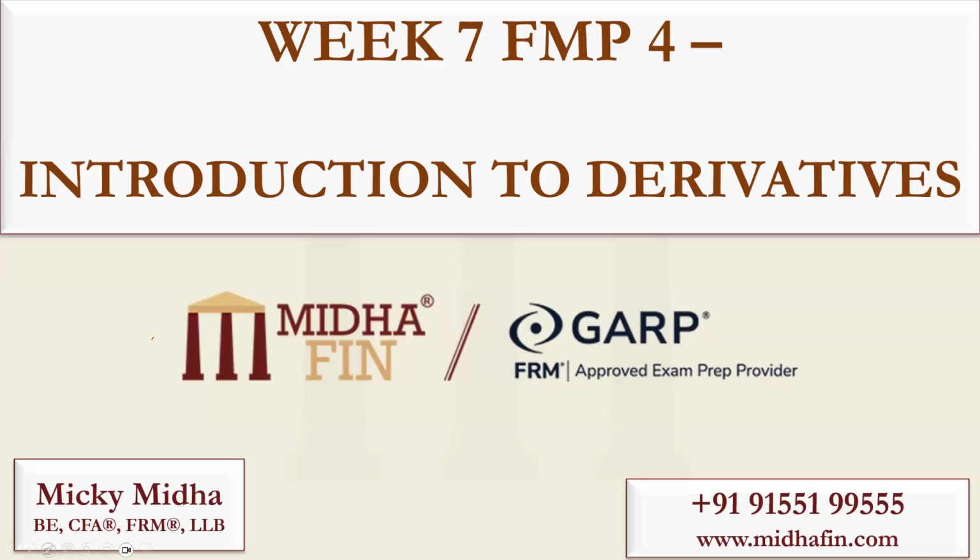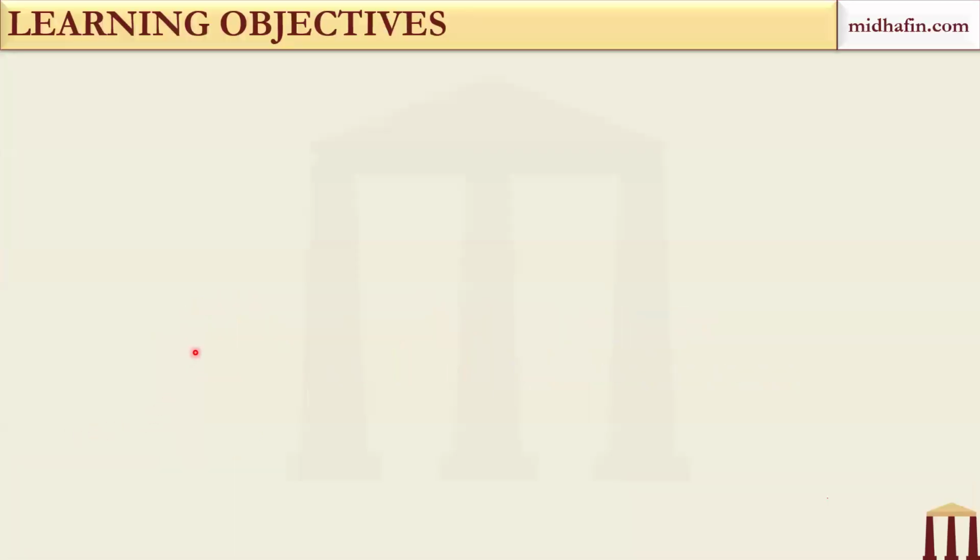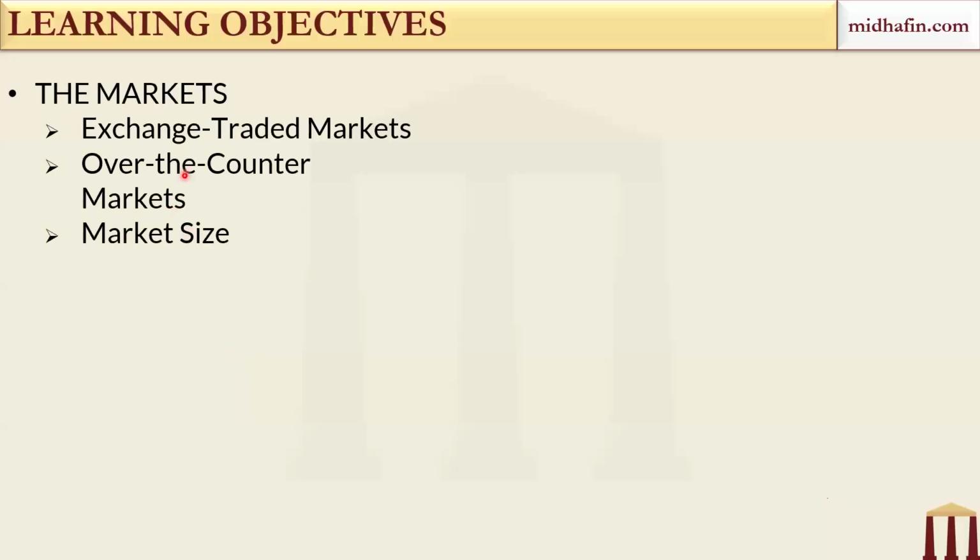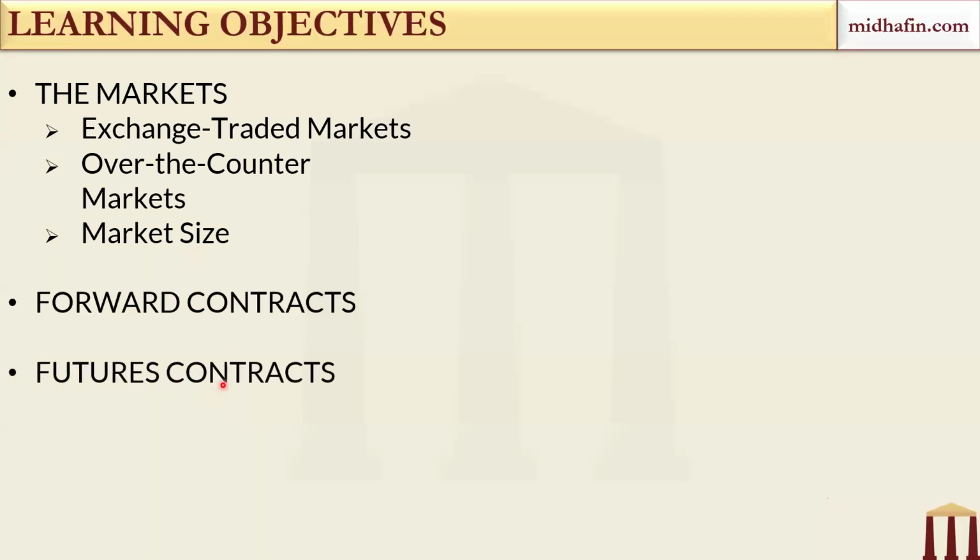So we can start now. What are the learning objectives? We learn about the markets: exchange traded markets, over the counter markets, market size. We'll see forward contracts, futures contracts, and options. We have a separate chapter on futures contracts today. Options, we have separate chapters later on after one or two classes.